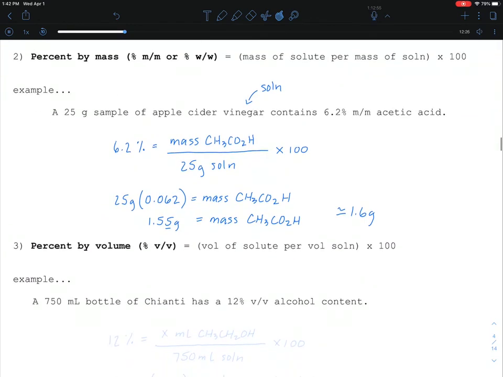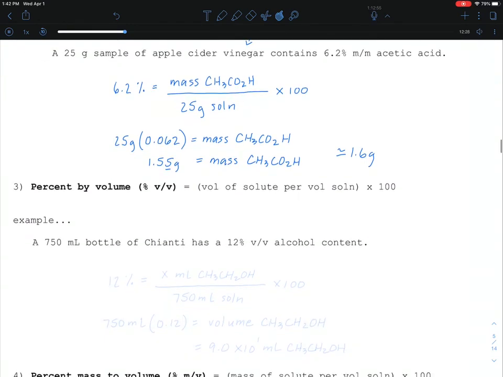Very often when you go out to buy a bottle of wine or some beer, they'll tell you the percent by volume of alcohol, and that's ethanol, actually in the solution. The solution is the beer or the wine. The alcohol is not the total solution, right? You're not buying a bottle of pure alcohol, ethanol. You're buying a solution.